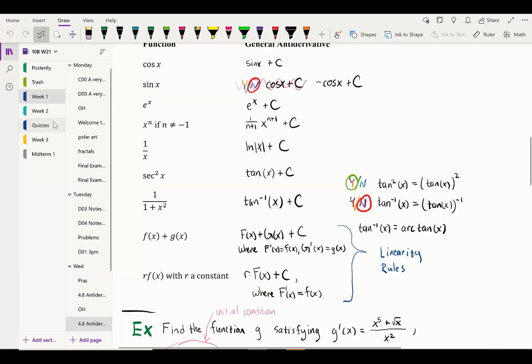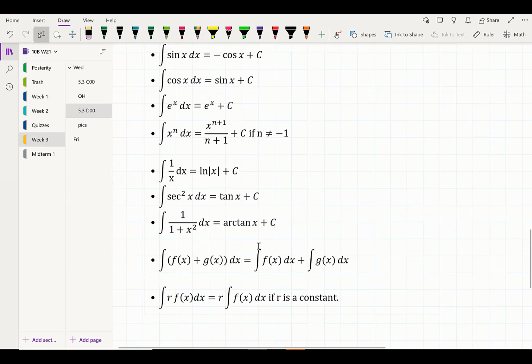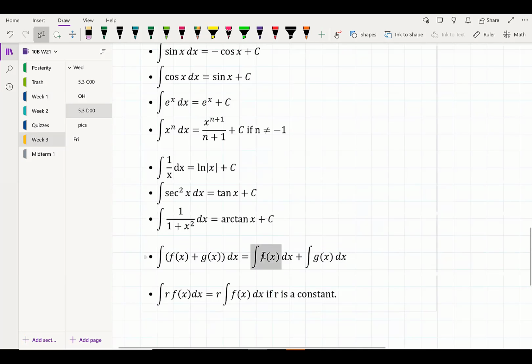On the current table, I did not write plus C, and here's why. I still have an antiderivative sign on the right-hand side of the equation. So both of those, if we're looking at this formula here, will have an arbitrary constant.